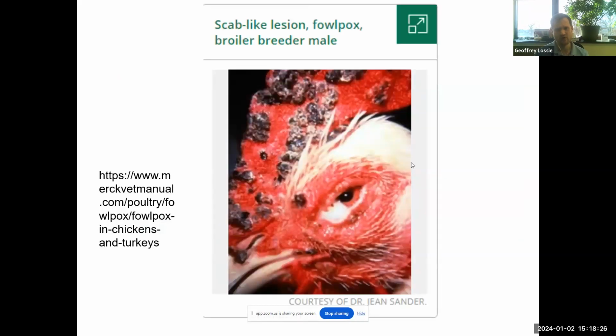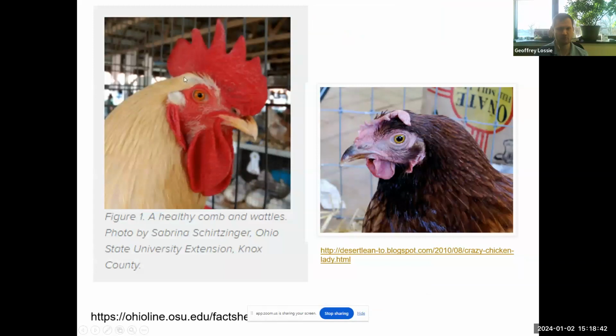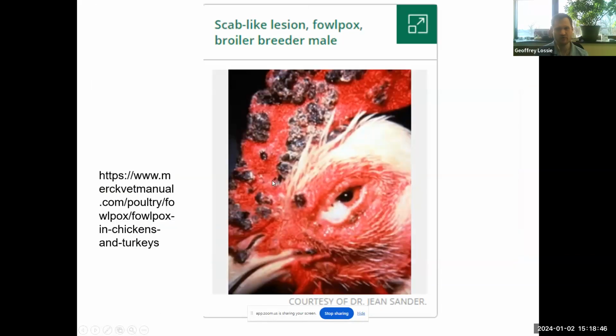So this is an example of fowl pox. What I'm showing you here are examples of pox lesions all over the comb of a chicken. Again, knowing normal, a nice bright red lesion-free comb, compared to this that has all of these dark raised circular black to brown scabs.